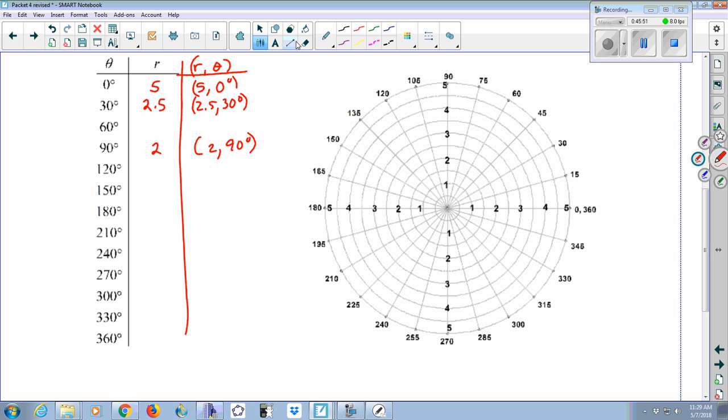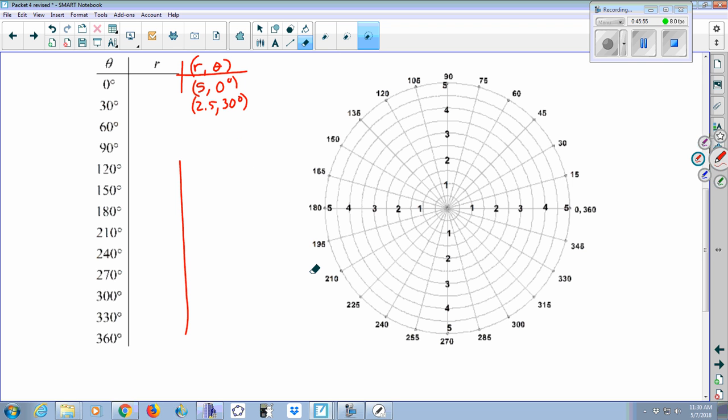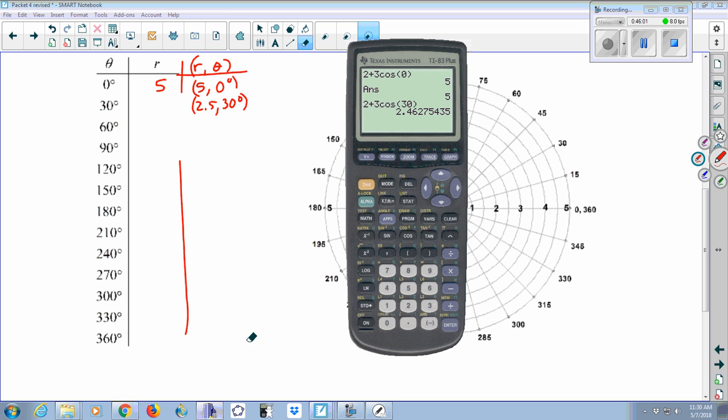Oh, what did I do? Did I copy it wrong? Are we in radians or degrees? I didn't check my calculator. Oh, I was in radians. Because we know the cosine of 30 degrees is square root of 3 over 2.